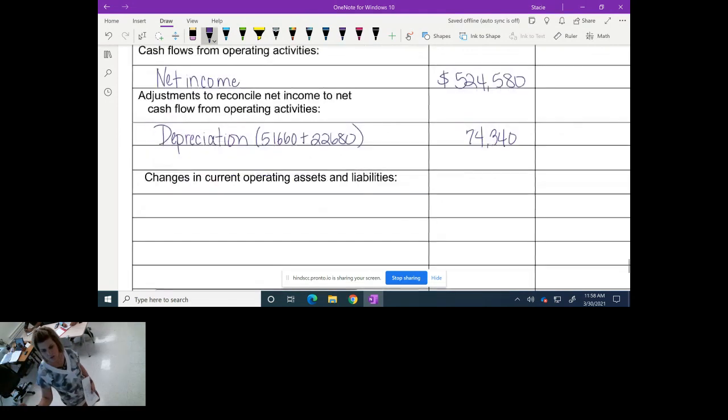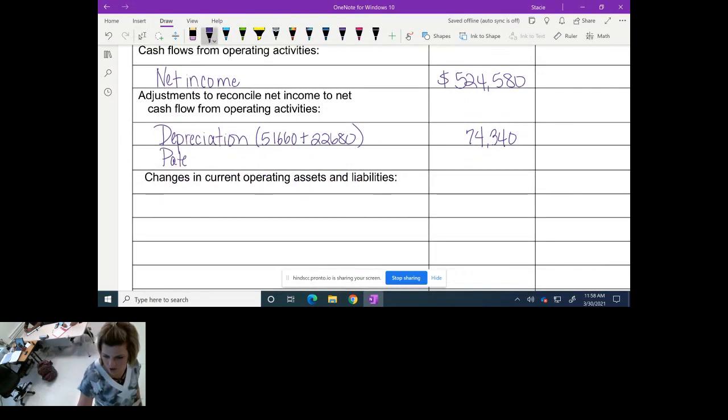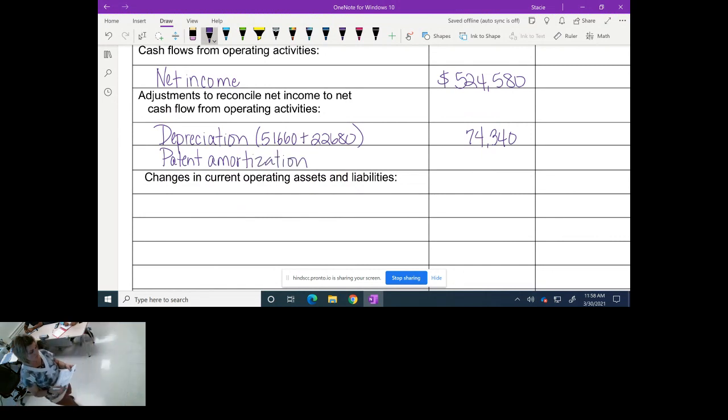All right, the next thing on here, you could just write amortization. They've got patent amortization. How much was that? 10,000? I thought it was 5 million. What's the real number? 5,000.